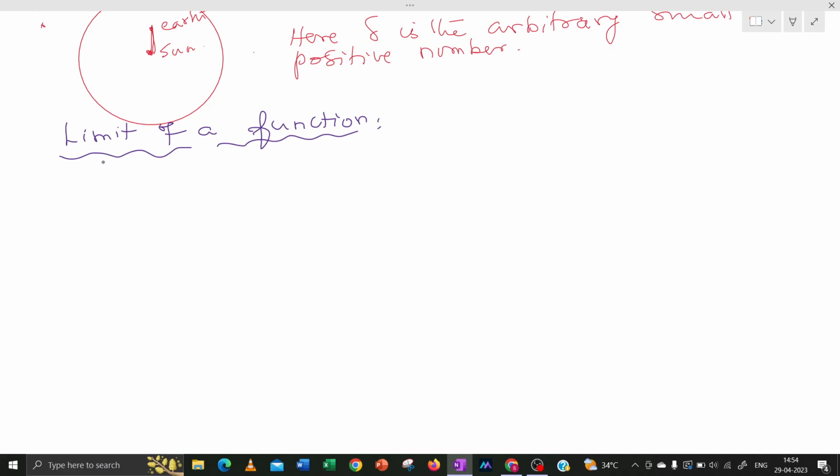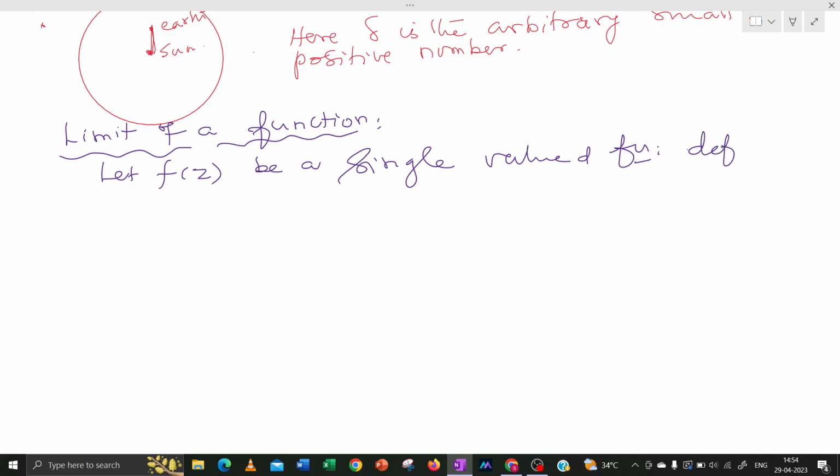Suppose that f of z is a single valued function, defined at all points in some neighborhood of point z naught.